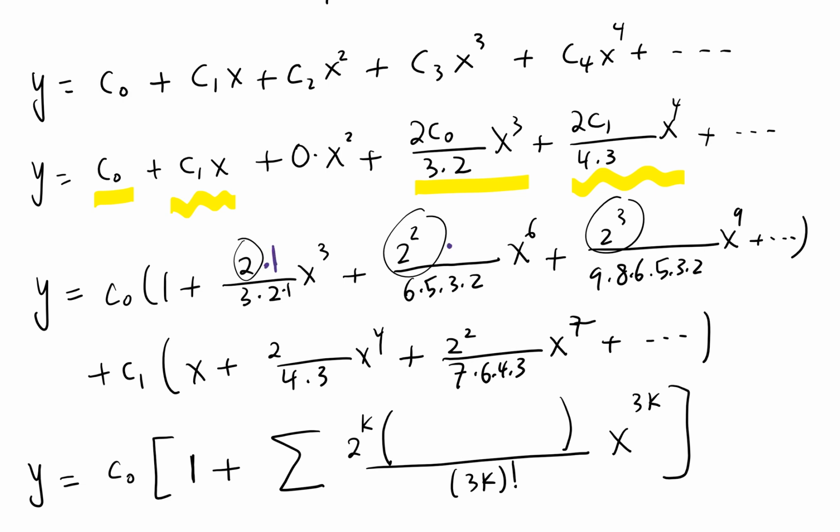There's a 4 missing. So for the first one, nothing is missing, just a 1. For here, you need to multiply by 4, so there's a 4 there. And what is missing here for the next one? 7. What else? And 4.